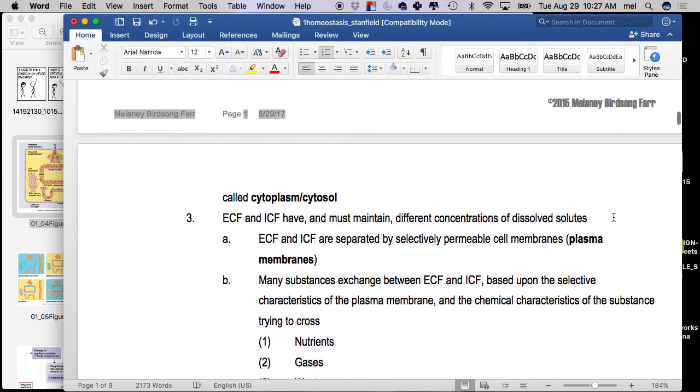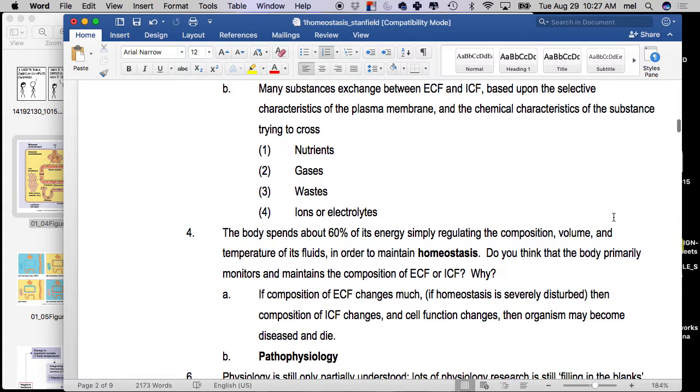Okay, so what kinds of things do we work on transporting and maintaining composition of? The ECF and the ICF basically have different concentrations of nutrients, gases, wastes, and ions or electrolytes. And we work really, really hard at maintaining the ideal concentration inside and outside the cells.